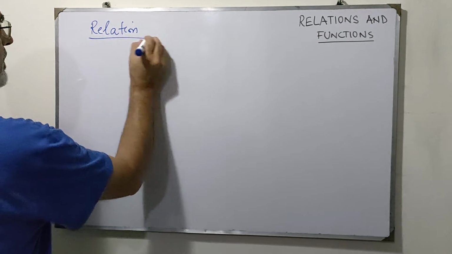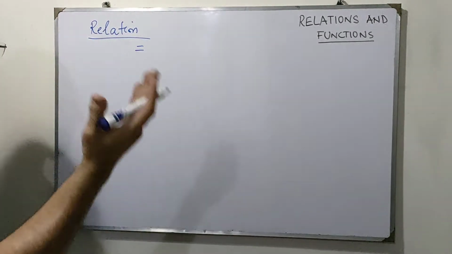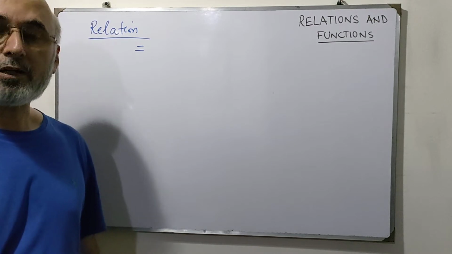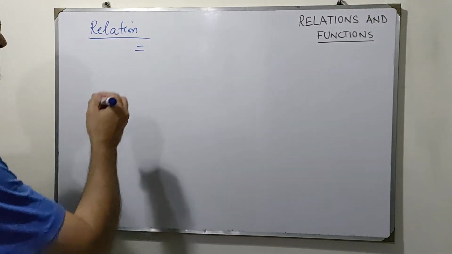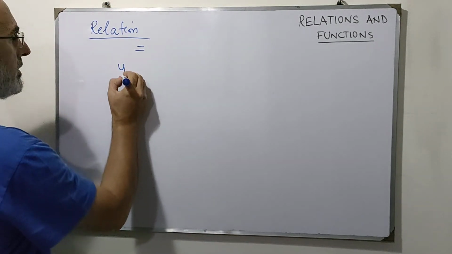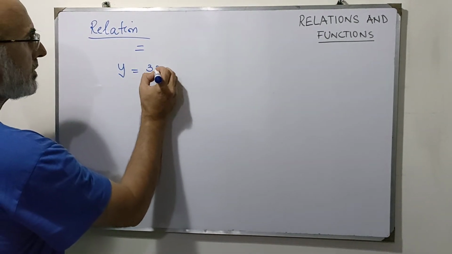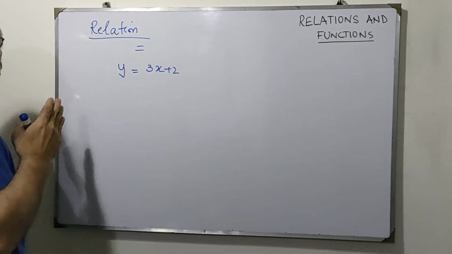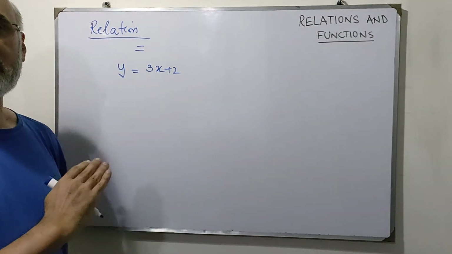So when we talk about relation, we have already dealt with the equality sign, and so let's take an example. y is equal to 3x plus 2. Okay, so it's an equation. So left hand side is equal to right hand side.